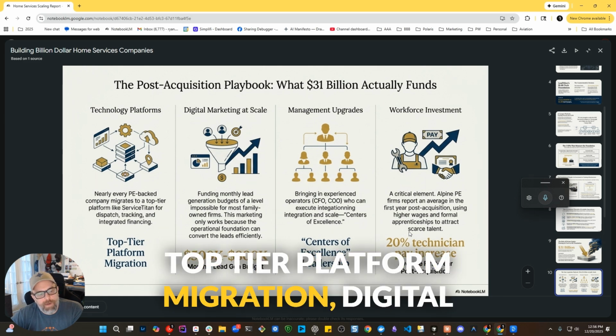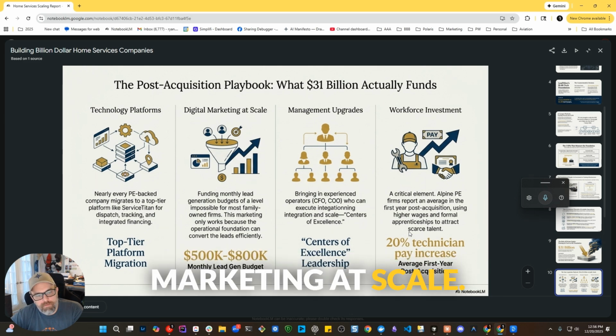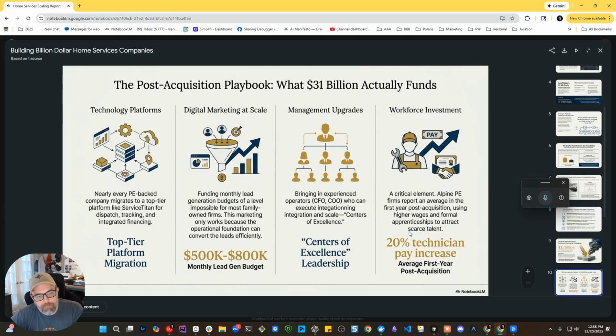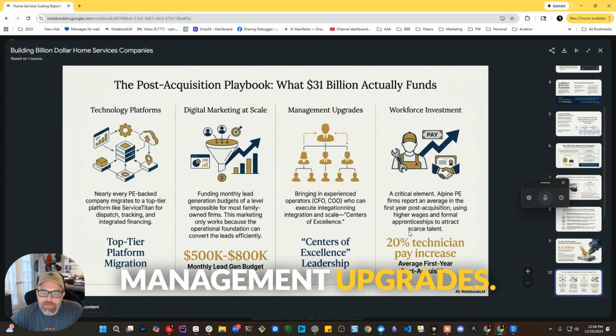Top tier platform migration. Digital marketing at scale. Management upgrades.